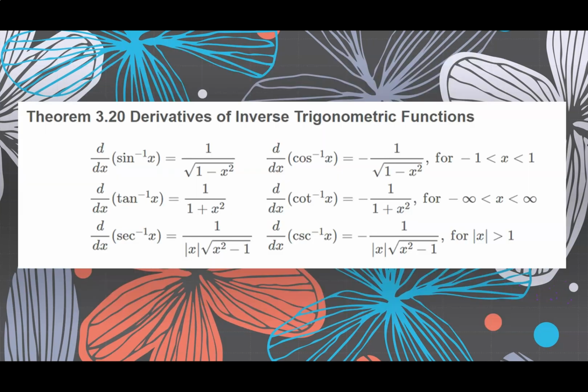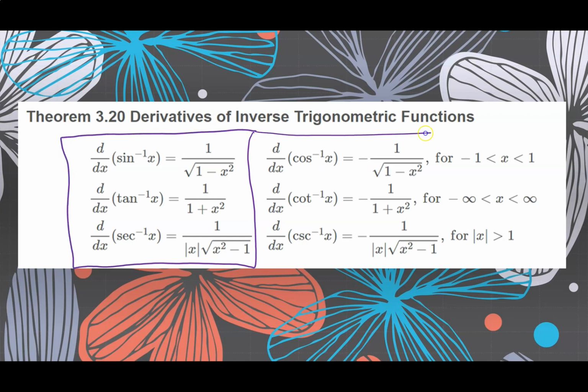You can also prove that the derivative of it is just the opposite. Okay, so you really only need to know these three, and then these will be just the opposite of the ones on the left. That's pretty cool.